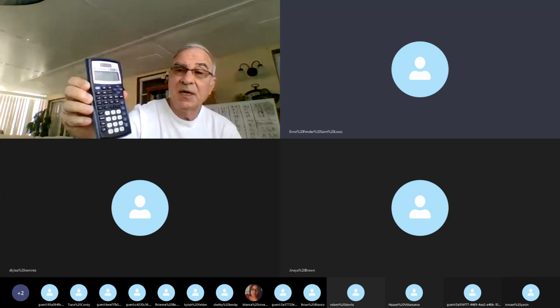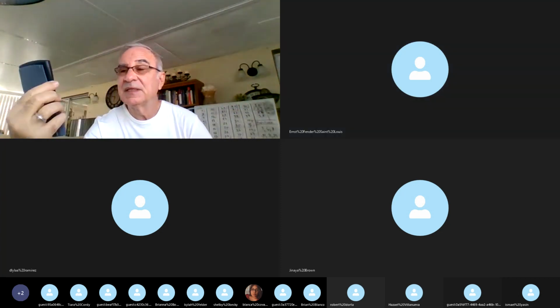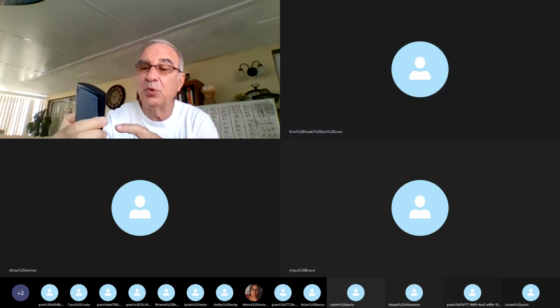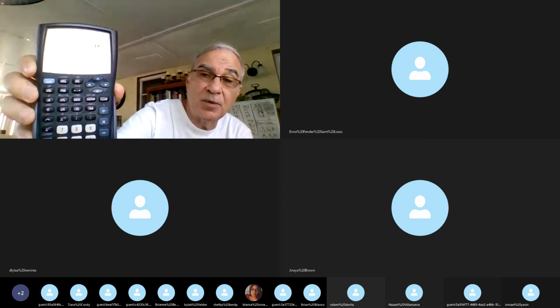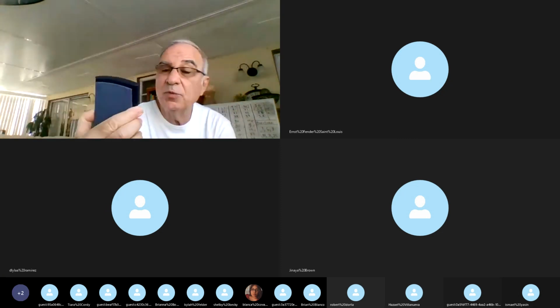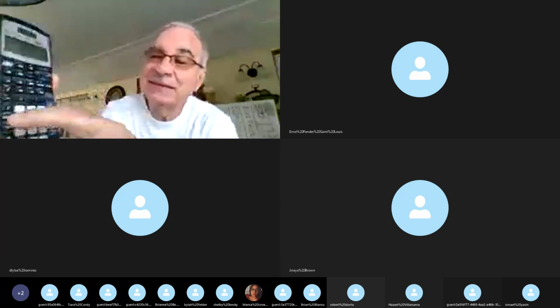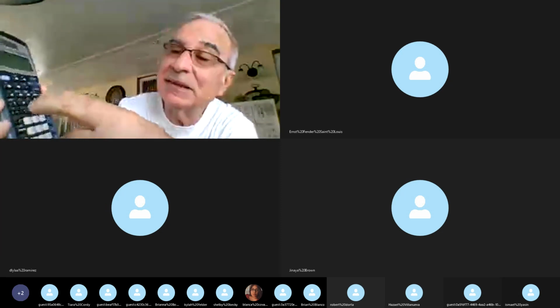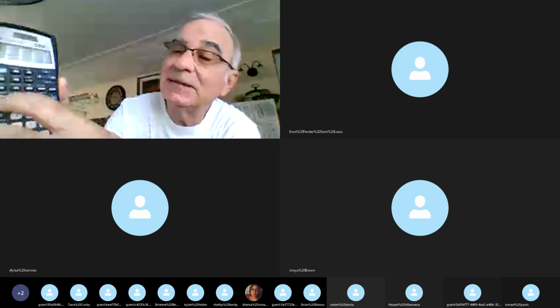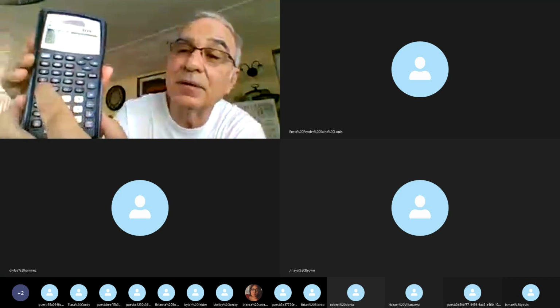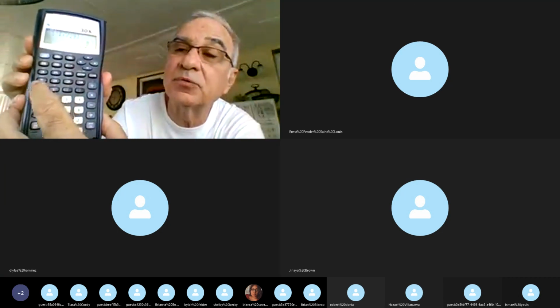This is super easy because you press the key second, which is blue color, at least in my calculator, blue color, second, and you press this key, look at that, the power key, it looks like a roof of the house.